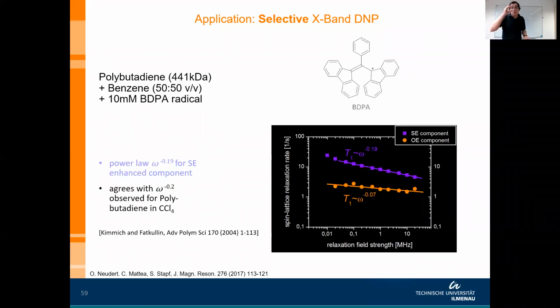And then we can fit with certain models typical of polymer systems, let's say, in this case, power law. But in this example, the model is not important.